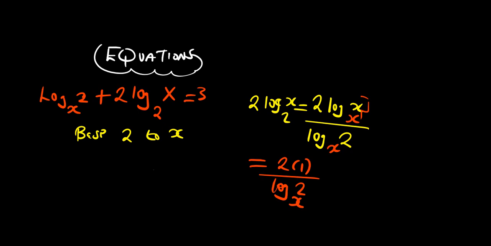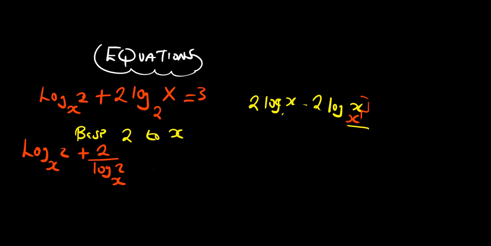And that's what I'm going to replace where we need to replace. So what will be our final? I'm going to have log 2 base x plus the one that we've just converted, which is 2 over log 2 base x. Okay, now that I've got this, how do I now solve this equation?